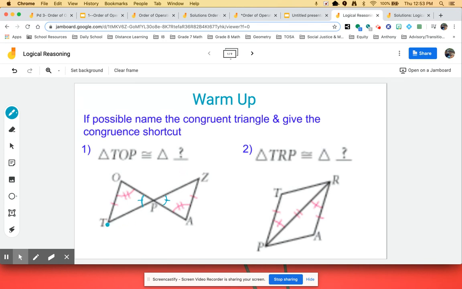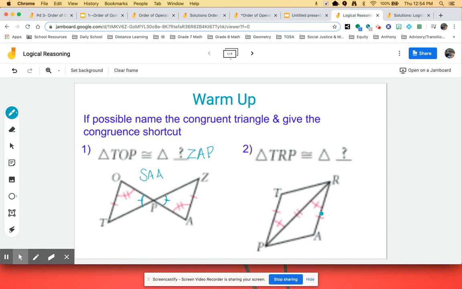So T corresponds with angle Z. So this is going to be triangle Z. O is my next one. O corresponds with A. And then the last letter has to be P. And I know this because of side, angle, angle, or you could write angle, angle, side.